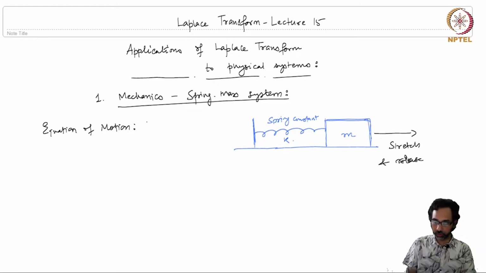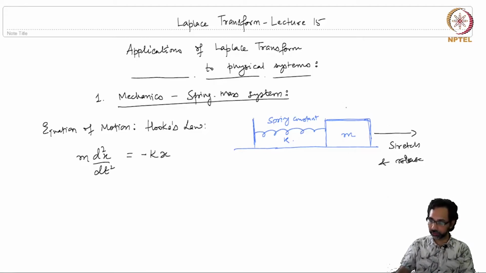This is given by Hooke's law in physics, which says that the acceleration of the particle, d2x over dt2, is given by minus the spring constant times the position of the particle.